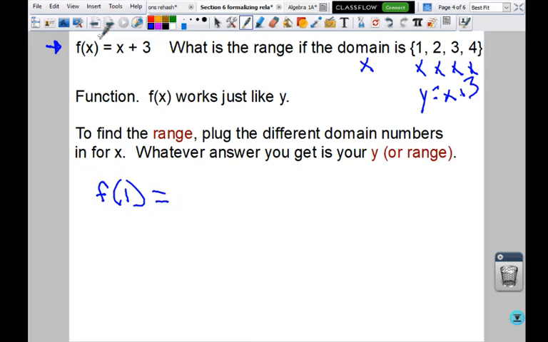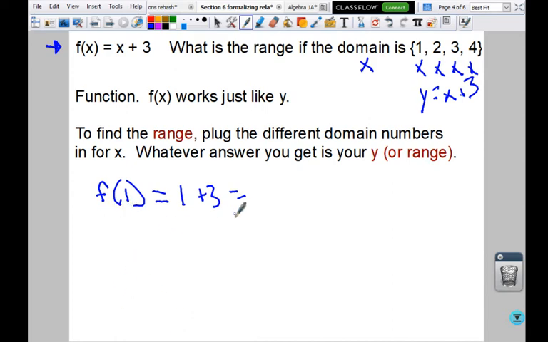And I'm going to plug in 1 for my x, and then we're going to calculate it. I'm going to go 1 plus 3. I put in my 1 for this x right there. When I look at functions, I don't need to solve anything on this f part. It is just to show me what I plugged in.